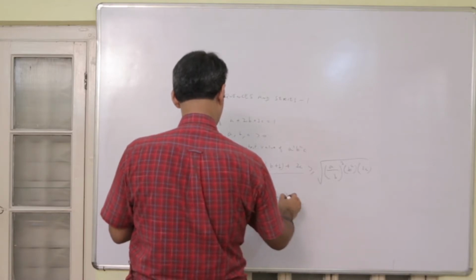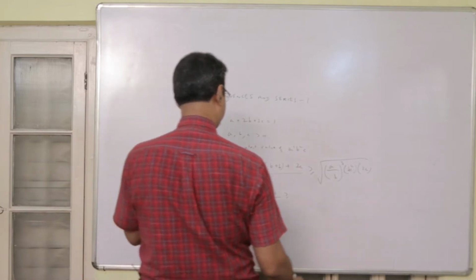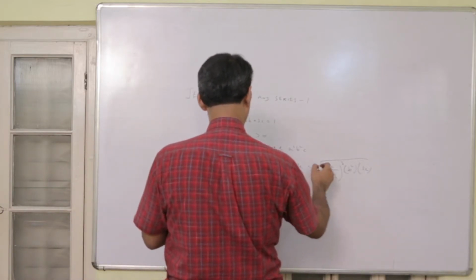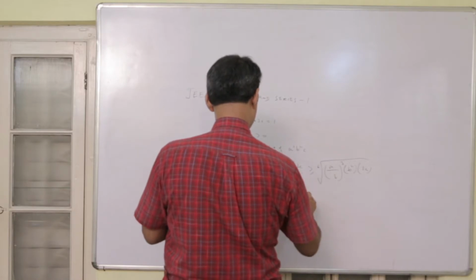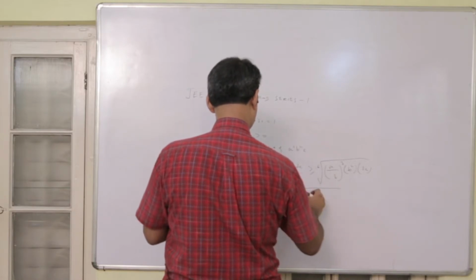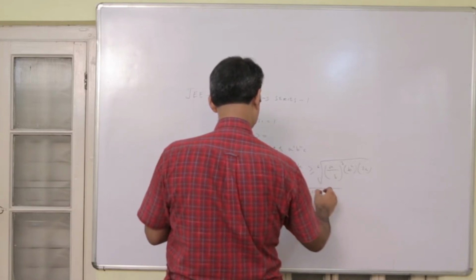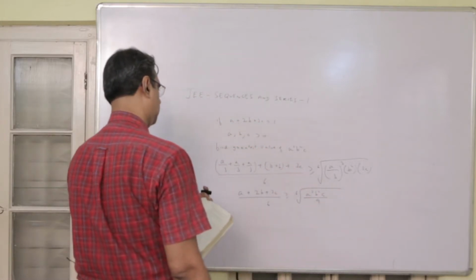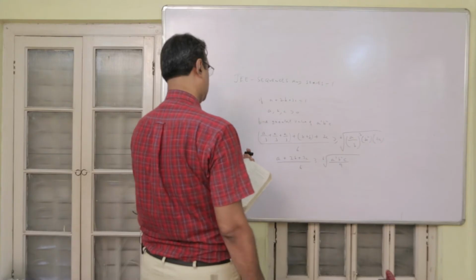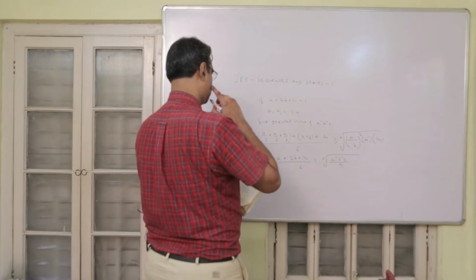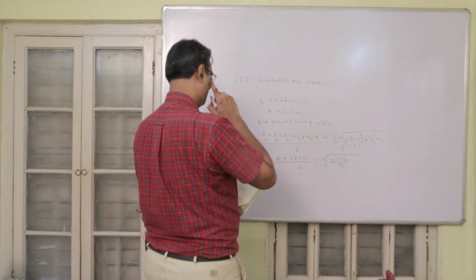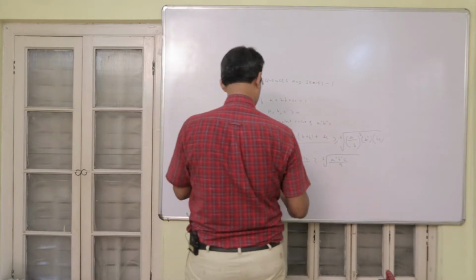So a plus 2b plus 3c by 6. This will be 6th root. So it's coming 6th root of a cube b square c divided by 9.